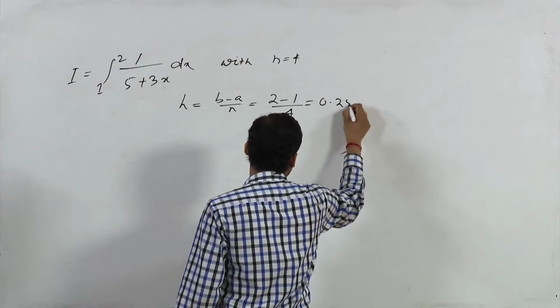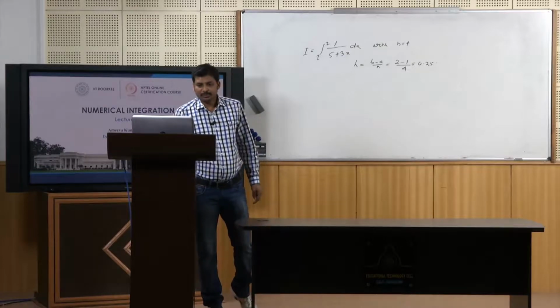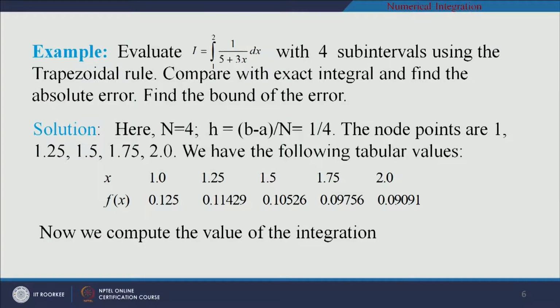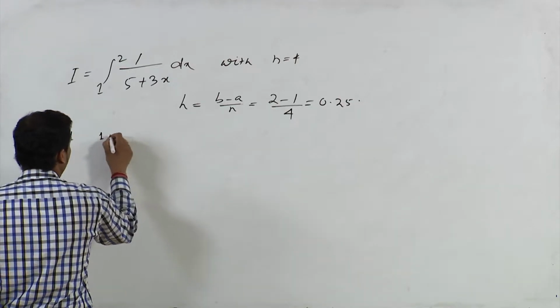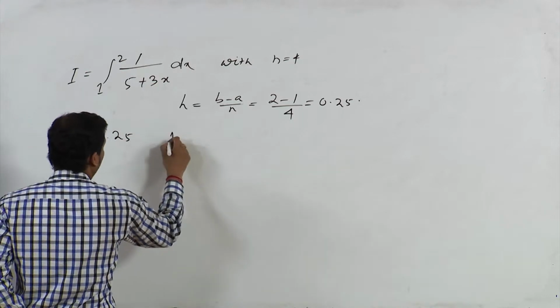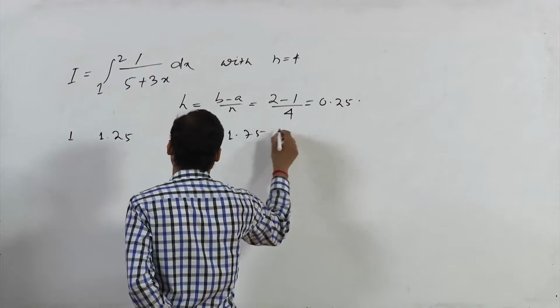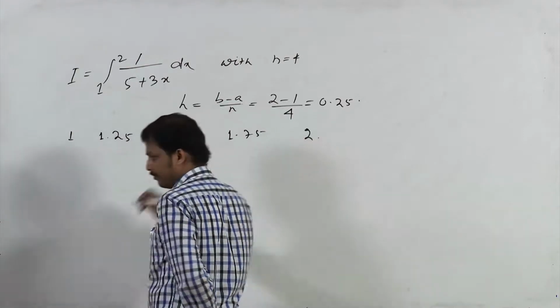With h equals 0.25, the nodal points start from 1, then 1.25, 1.5, 1.75, and the last point is 2.